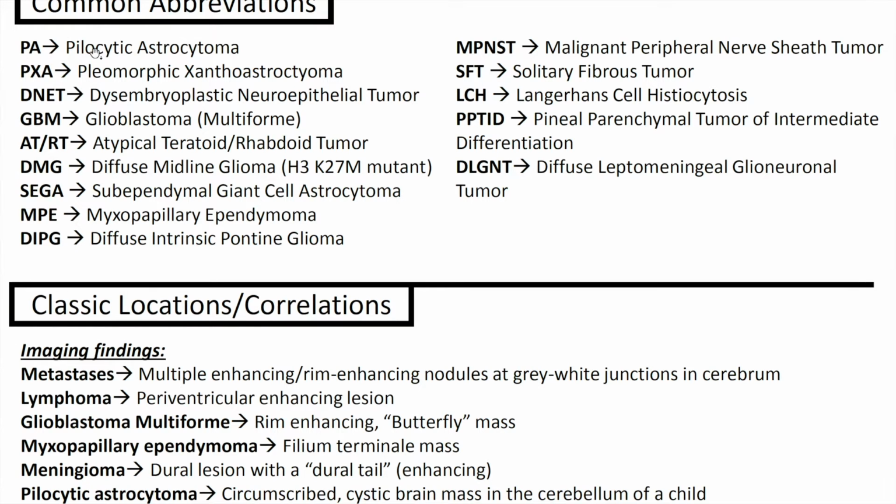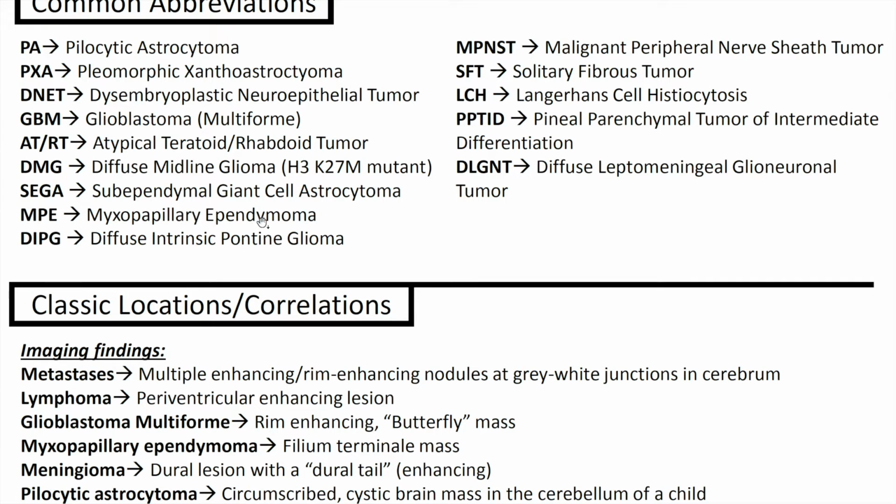So PA stands for pilocytic astrocytoma, PXA, pleomorphic xanthoastrocytoma, DNET, dysembryoplastic neuroepithelial tumor, GBM is glioblastoma multiforme, and AT/RT is atypical teratoid rhabdoid tumor. DMG is diffuse midline glioma, which is H3K27M mutant. SEGA stands for subependymal giant cell astrocytoma.